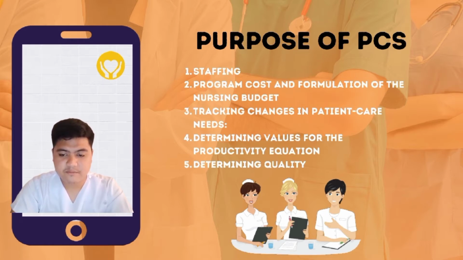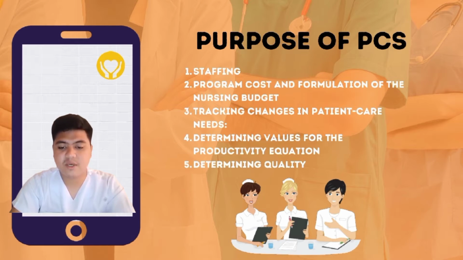In the prospective payment system, or PPS, this output measure has been the discharged patient. Fifth is determining quality. Once a standard time element is established, staffing is adjusted to meet the aggregate times. A nurse manager can elect to staff below the standard time to reduce cost.